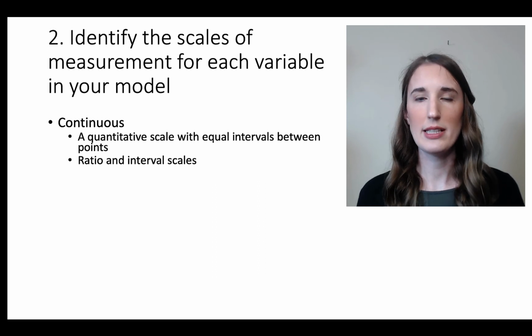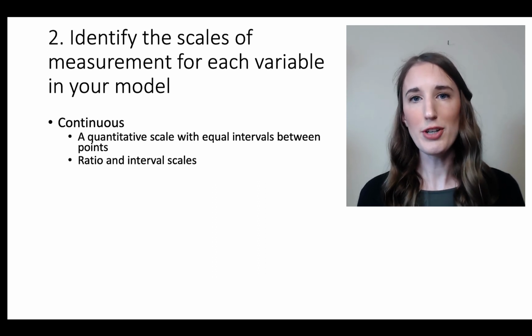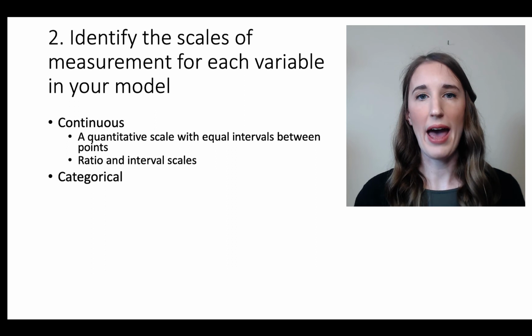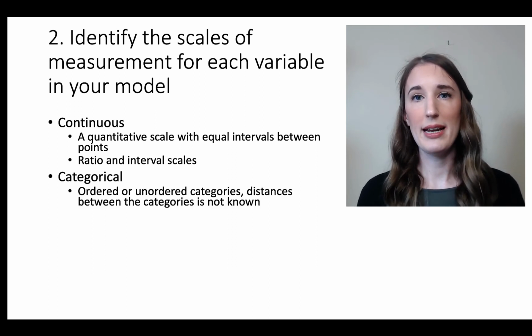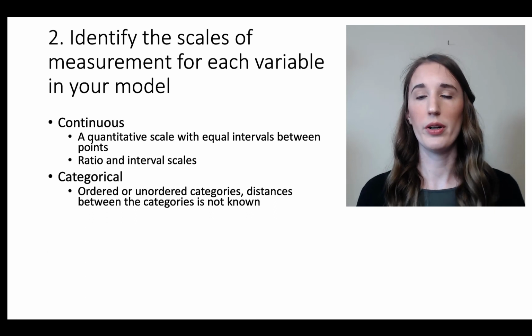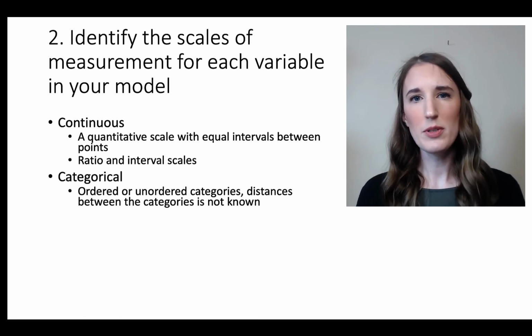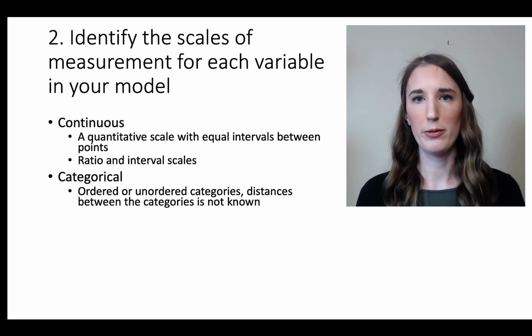approximately continuous. In contrast to continuous variables, you might also have categorical variables. Categorical variables can be either ordered or unordered categories, but the distance between the categories is not known.